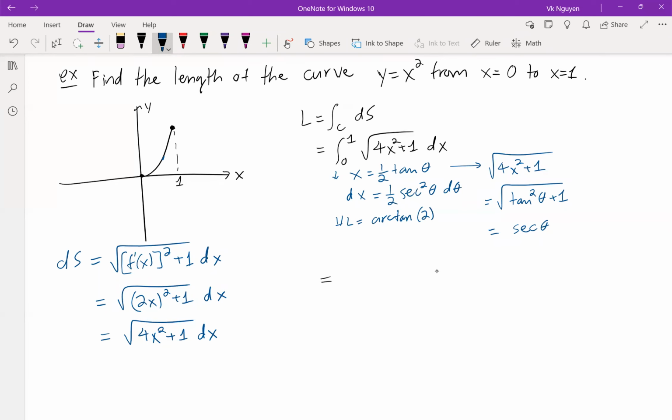And then the lower limit would be arctan of 0. Well, we know tangent of 0 is 0, which is 0.